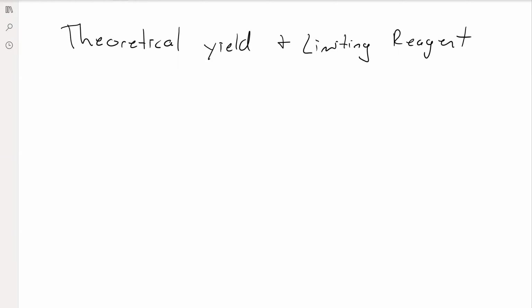Right. So the next topic we're going to take a look at is theoretical yield and the limiting reactant or limiting reagent. The theoretical yield is the amount of compound you could theoretically make.